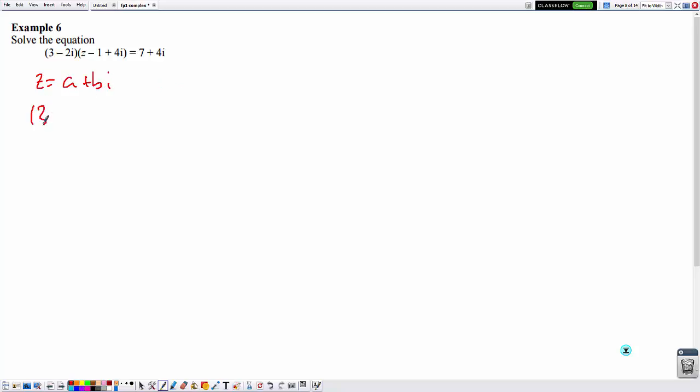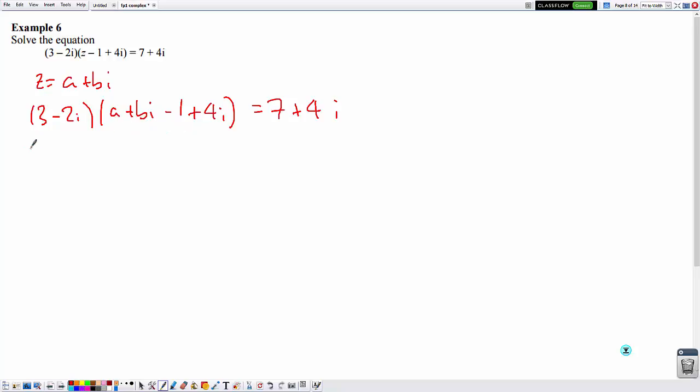So we've got 3 minus 2i, a plus bi minus 1 plus 4i equals 7 plus 4i. Now I don't want to multiply this by all these 4 things. So to make my life a little bit easier, I'm going to gather my real parts together and imaginary.